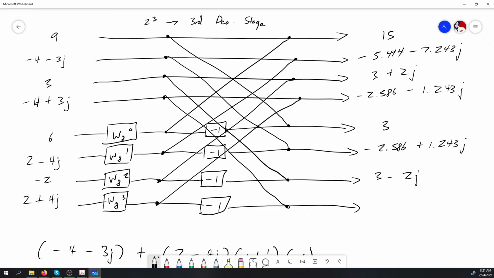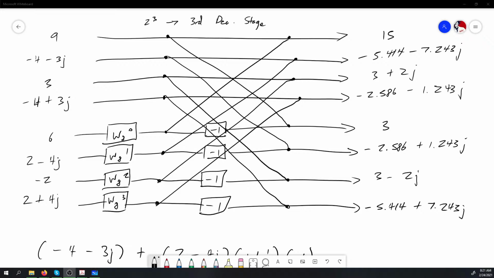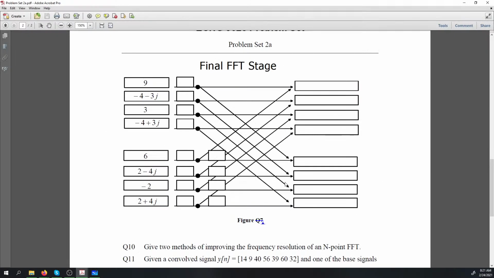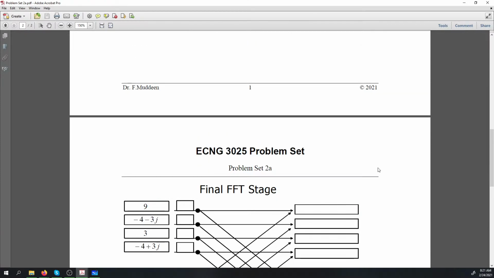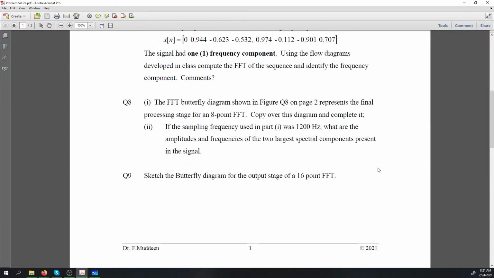This one should be minus 5.414 plus 7.243j. So that will give us the end of our question 8 here, which is basically to calculate the output of this final FFT stage.